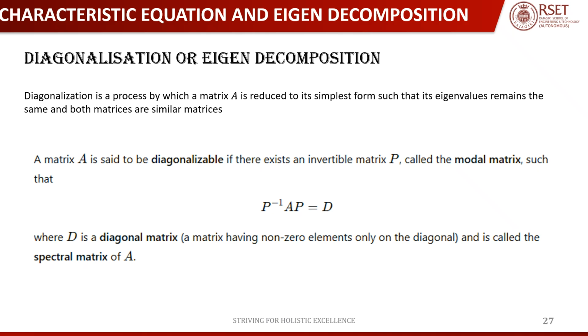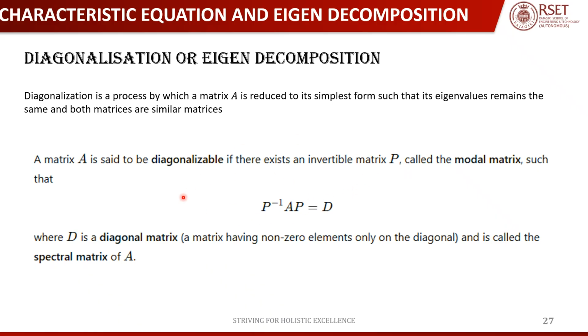A matrix A is said to be diagonalizable if there exists an invertible matrix P, which is called the model matrix, such that P inverse AP is equal to D, where D is a diagonal matrix and is called the spectral matrix of A. So if you are given a particular matrix A, it is said to be diagonalizable if you are able to find an invertible matrix P, called the model matrix, and also a diagonal matrix D, the spectral matrix of A, so that P inverse AP can be written as a diagonal matrix.